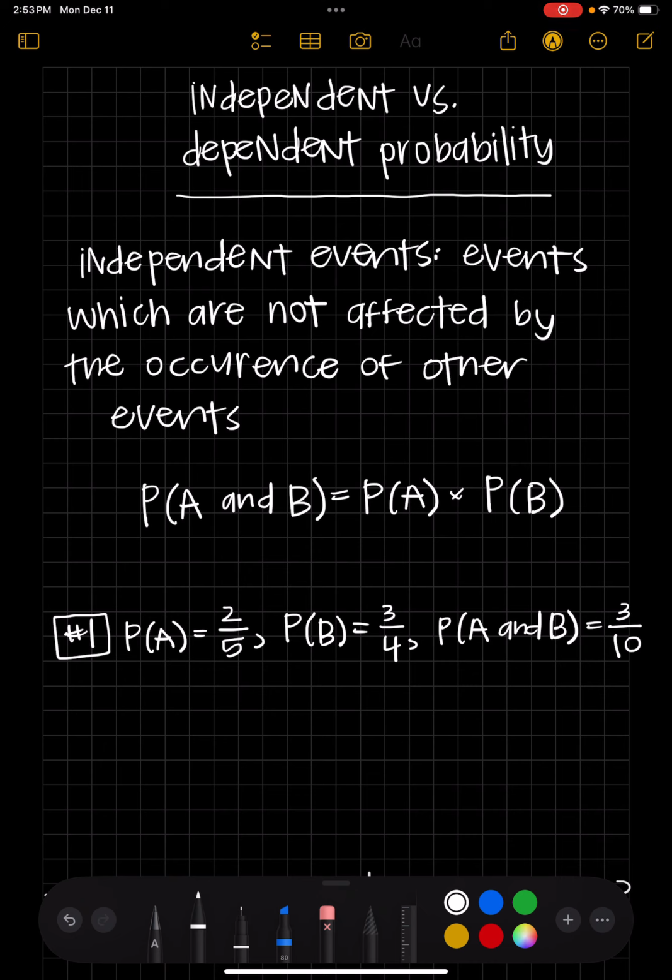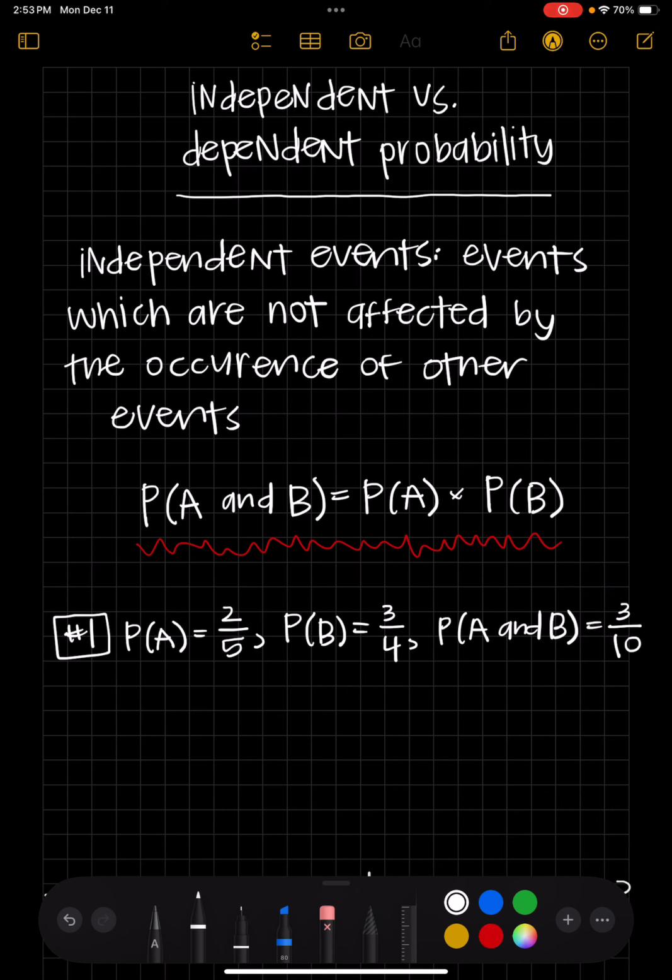So in this self-check, we're going to be talking a lot about independent events and how to determine if events are independent or dependent. And the big formula that we're going to use is this one right here. This says that in order for events to be independent, they need to follow this equation.